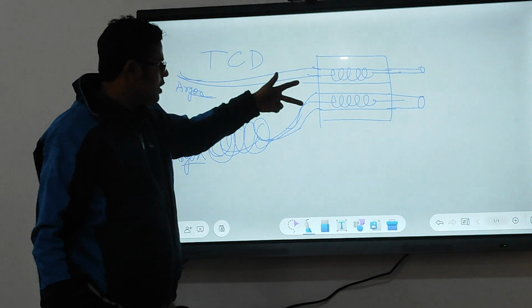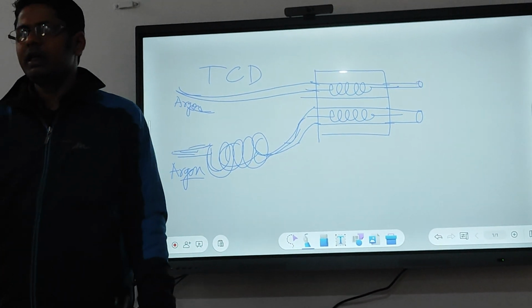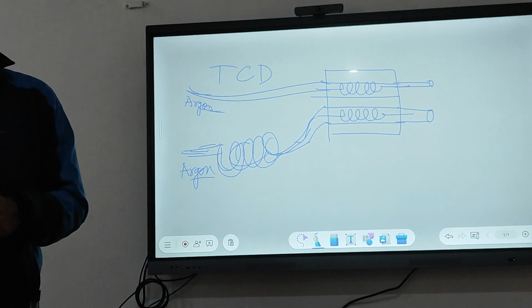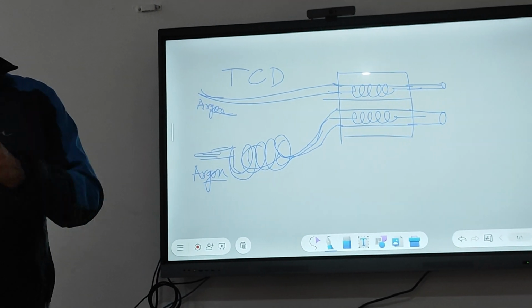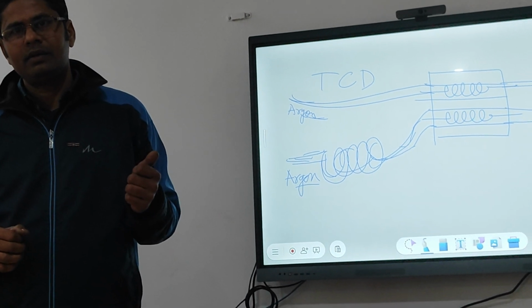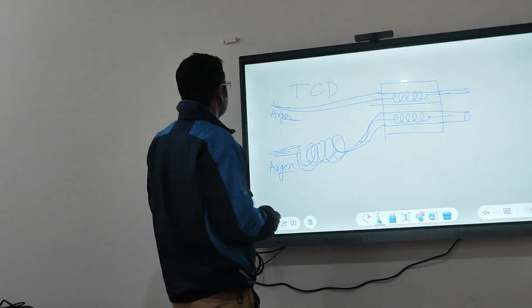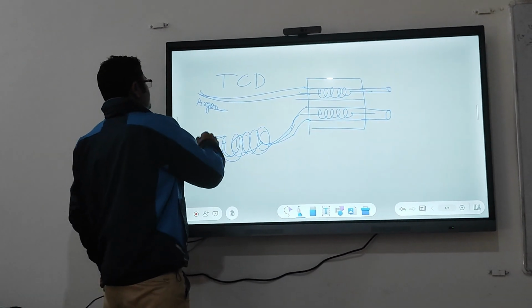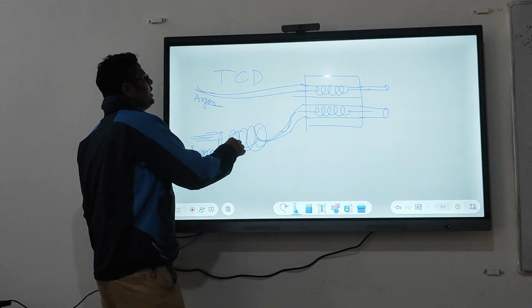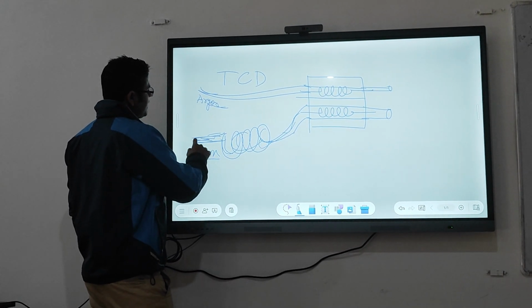TCD has a dual entrance. In FID we have seen a single entrance, meaning your column end goes to the FID. You have seen FID already? Right? No? Okay, I will explain FID also. In TCD, you are giving carrier gas argon.